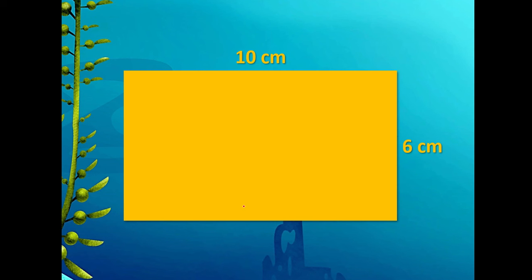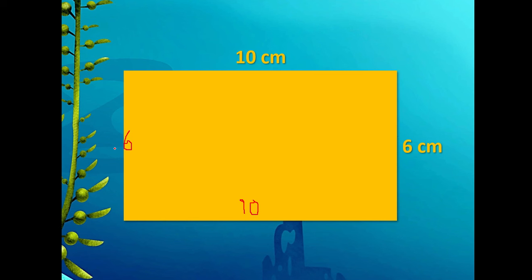So I'm not going to write down every single number, but this one is also going to be 10 centimeters. I'm sure you can tell me that this one down here is also going to be 6 centimeters, because they're the same at each side.